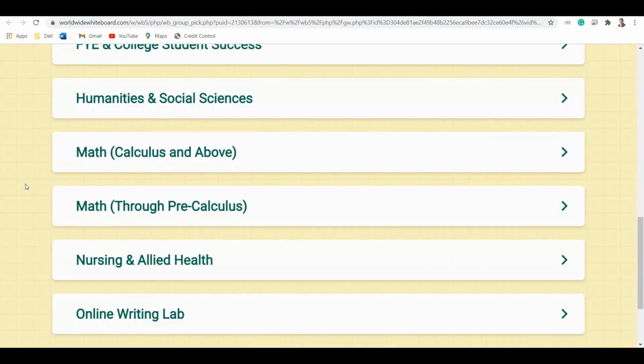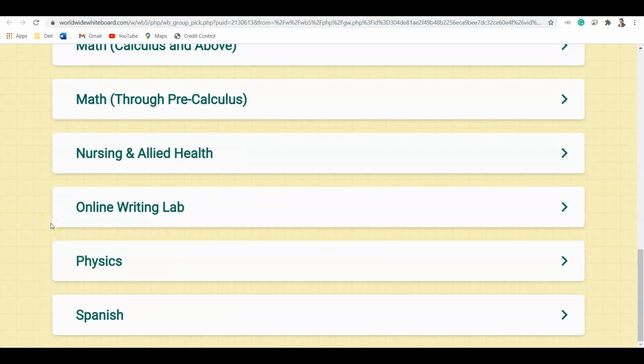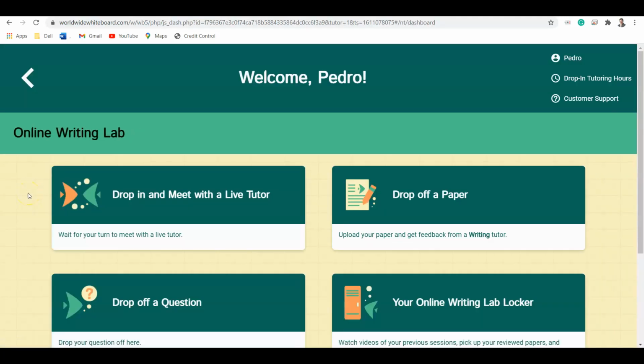There's for other areas or other fields, but for this one, the online writing lab may be a good help, in addition to the Richard Wright Writing Center.